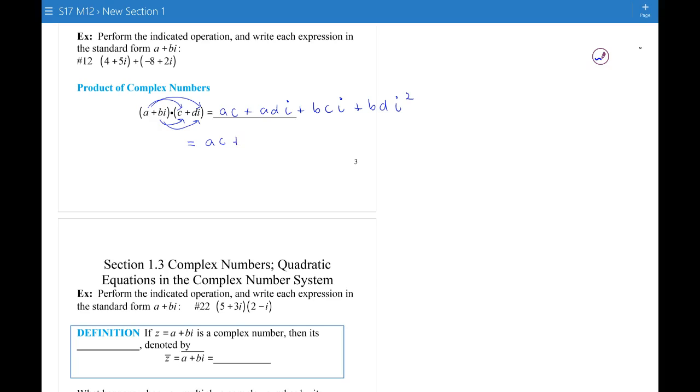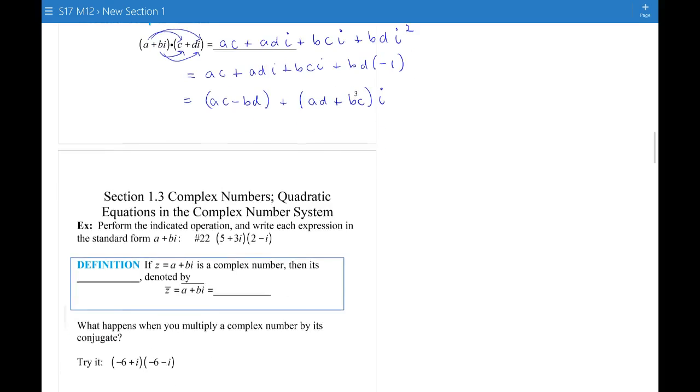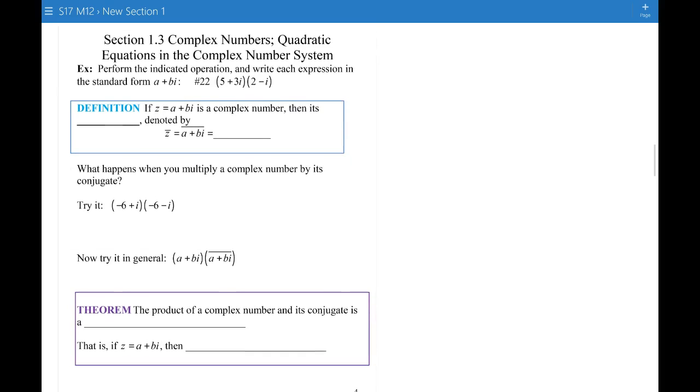So you have ac plus adi plus bci plus bd times i squared, where i squared is -1. So if I combine the real part, you'll see I have ac minus bd plus the quantity ad plus bc times the i. So we'll do this example together in class.